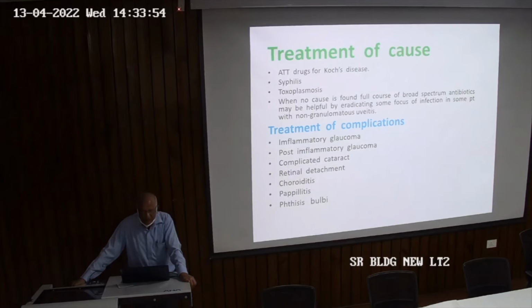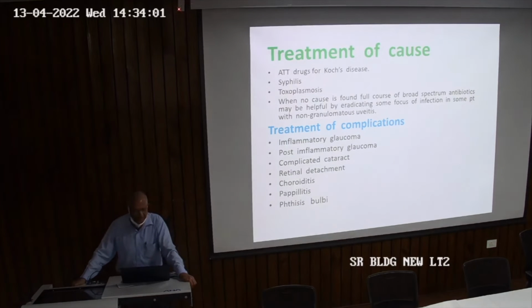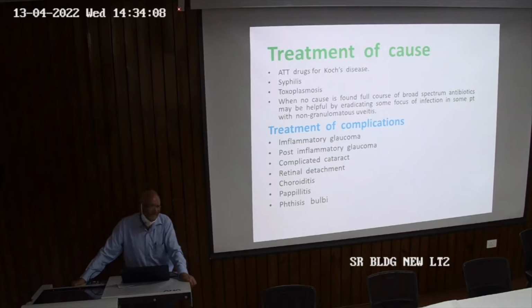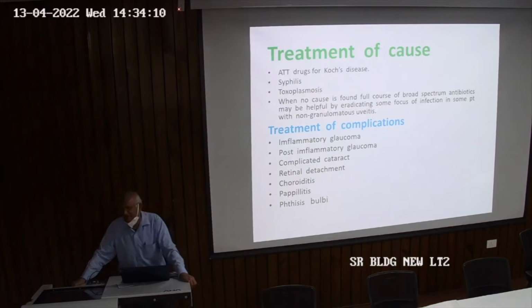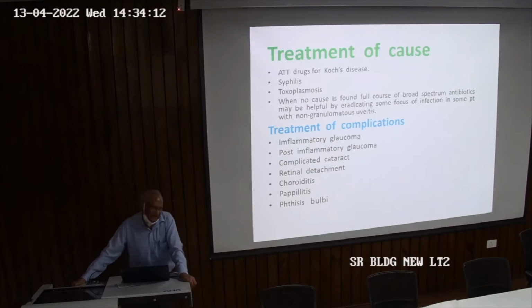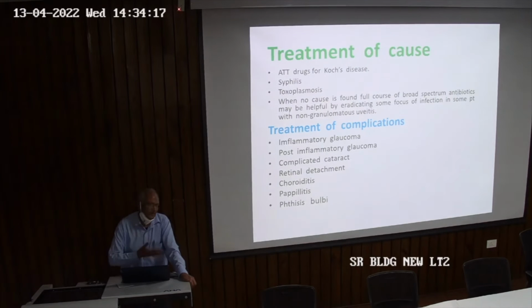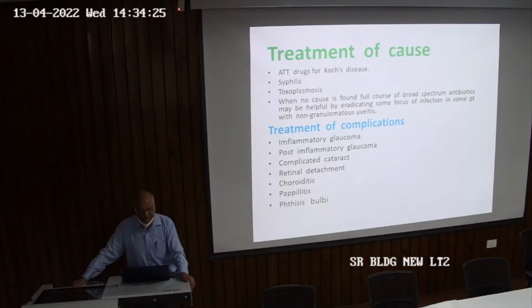When no cause is found, a full course of broad spectrum antibiotic may be helpful by eradicating some focus of infection in some patients with non-granulomatous uveitis. If the cause is not known, then we start broad spectrum antibiotic with the steroid. If the diagnosis is particular, Koch's or syphilis or toxoplasmosis, then we will start the particular drugs.